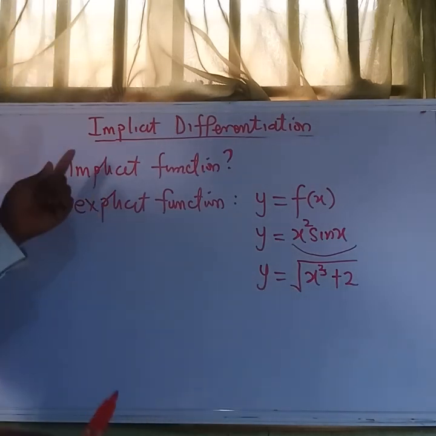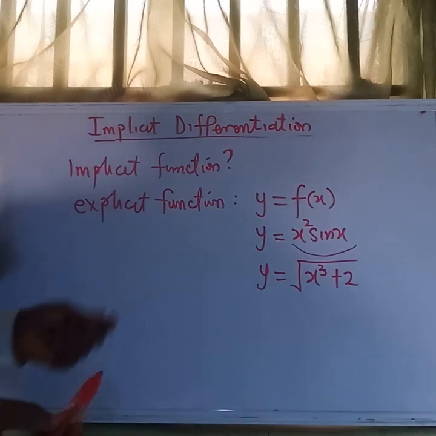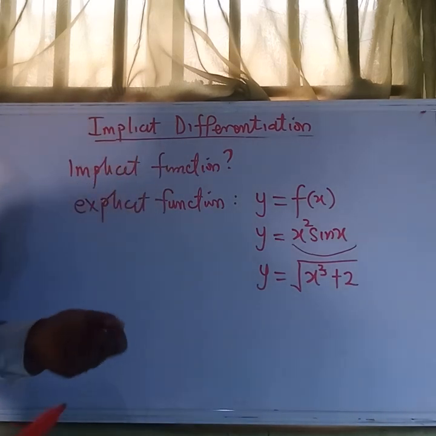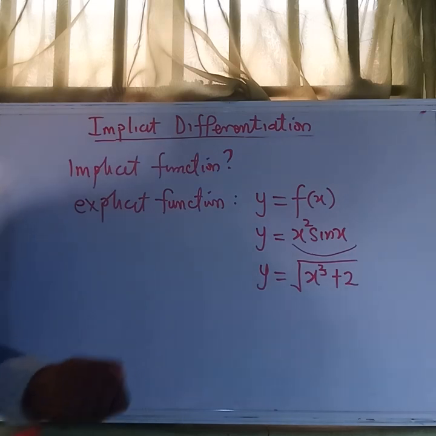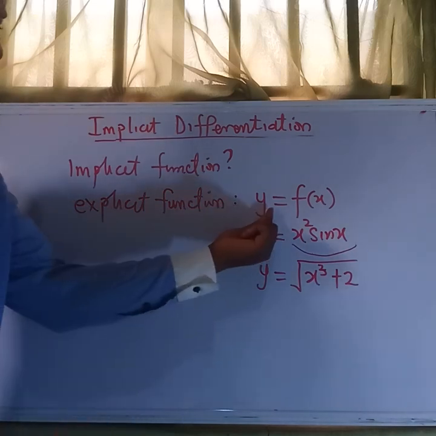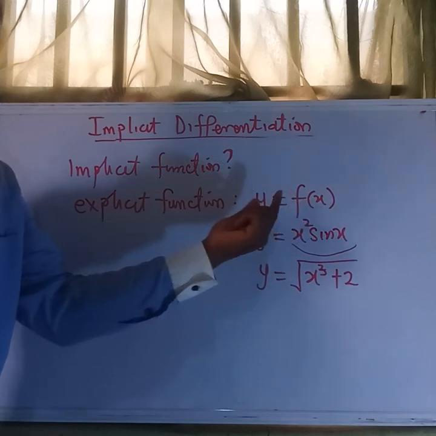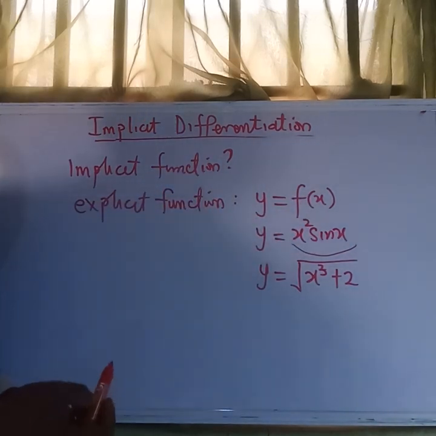Now, what do we mean by implicit function? Implicit function arises when we mix both x and y together in a given equation. For example, let us use this explicit form to get an implicit form of function.